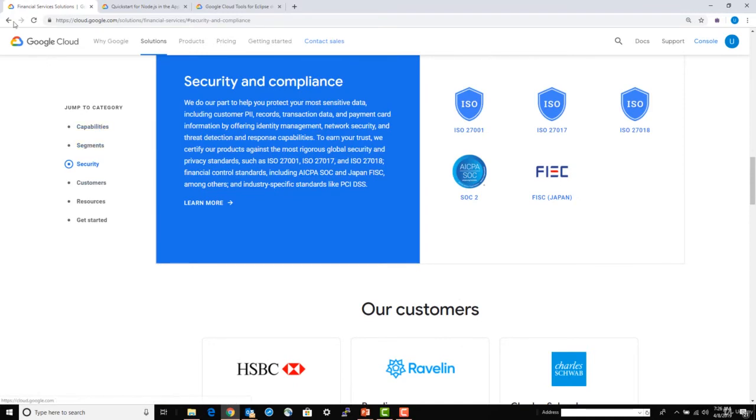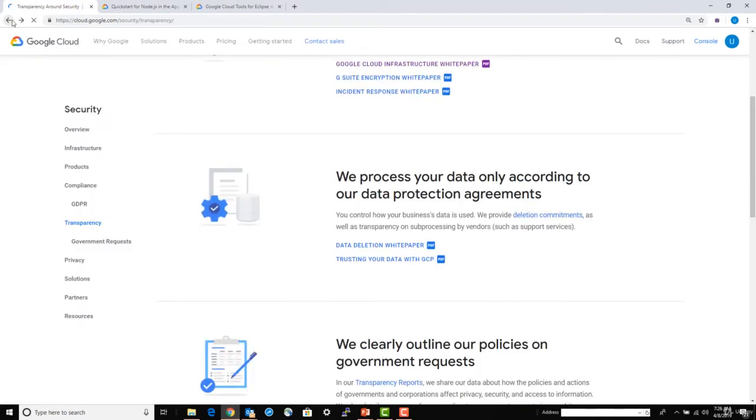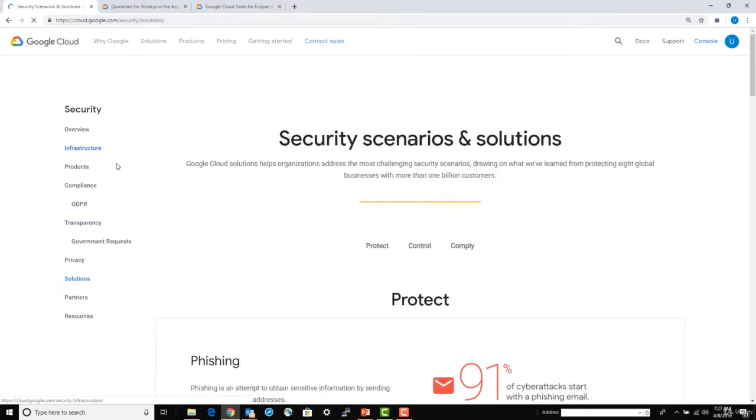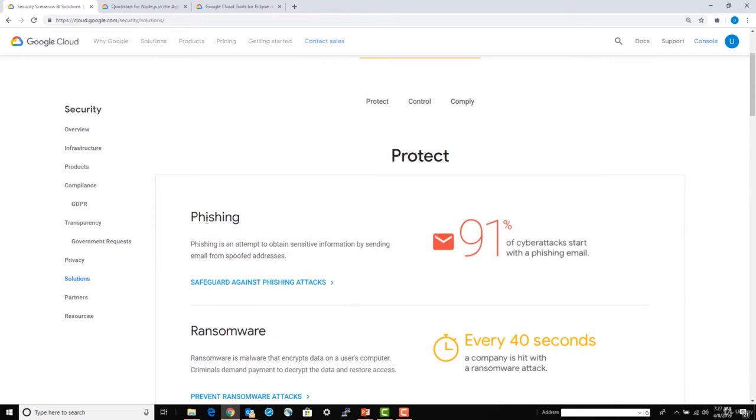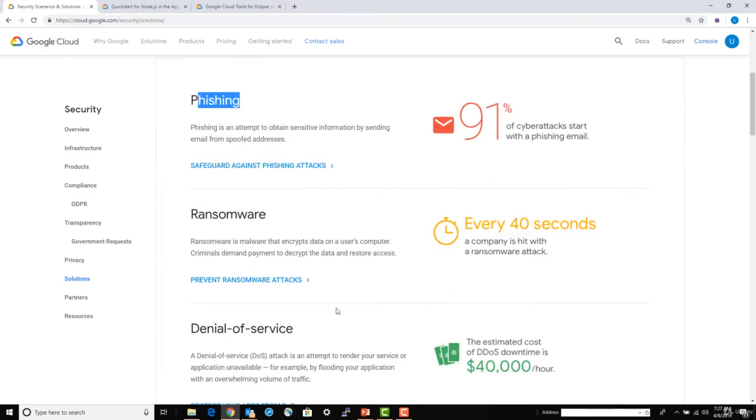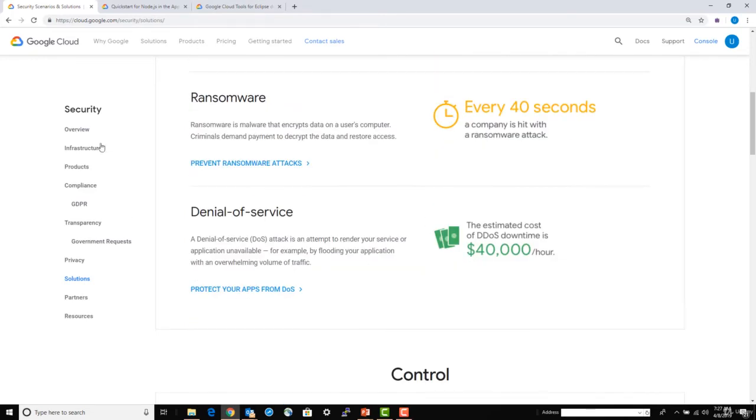The next one I want to get into is how you can explore the infrastructure. There are some application level concerns, like how you can avoid phishing, ransomware, and denial of service.